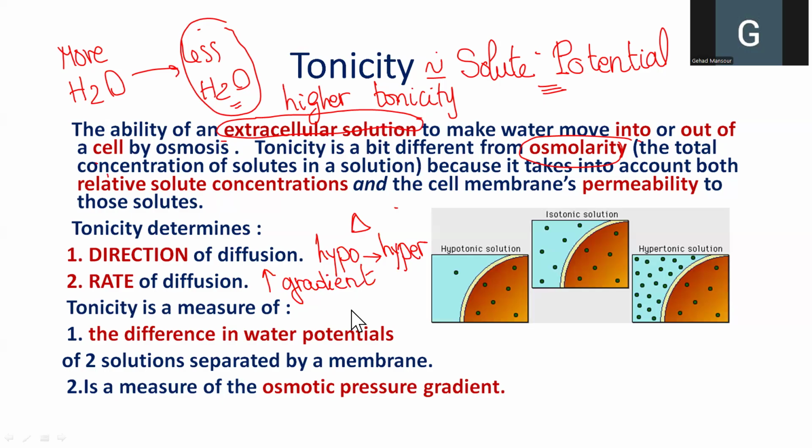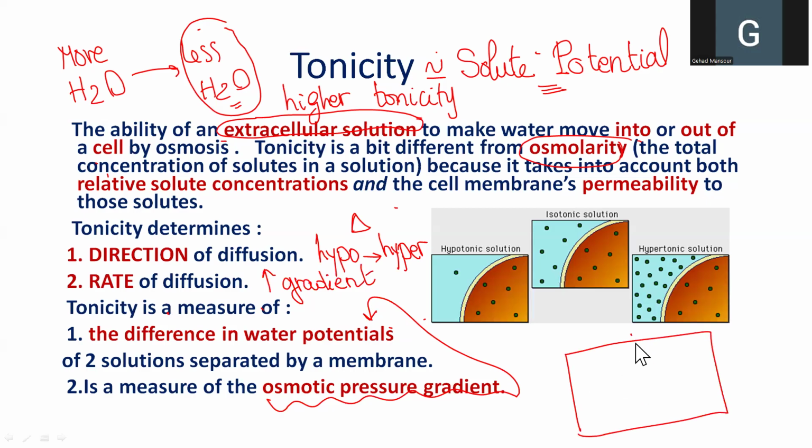So although tonicity per se is not water potential and is not the difference in water potential, yet tonicity is a measure of the gradient that is present between the two solutions, and therefore the difference in water potentials between the two solutions. Say we are giving numerical values: you're going to say that the tonicity of solution A is 10 and the tonicity of solution B is 30.